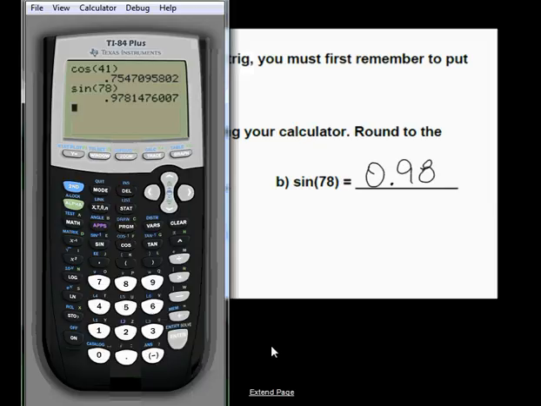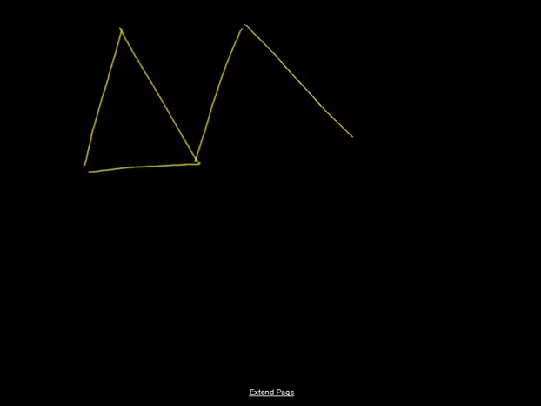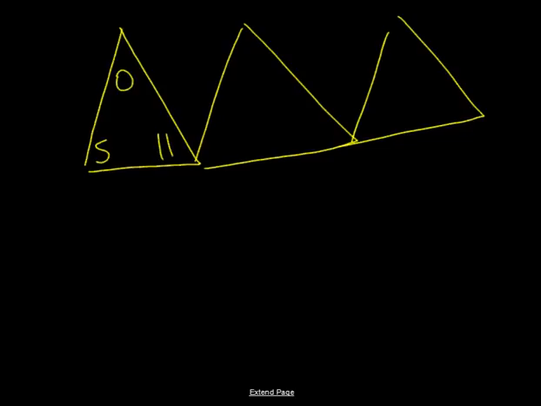Our trigonometric ratios. When working with our trigonometric ratios, I like to think of them like this. I've got triangles, and here are my sine, cosine, and tangent, all separated.